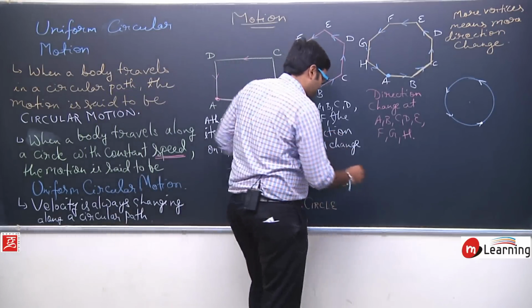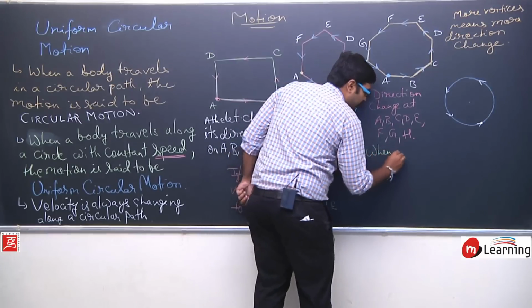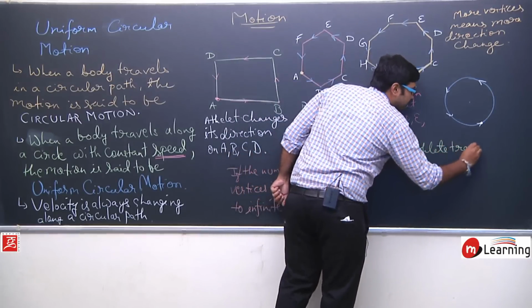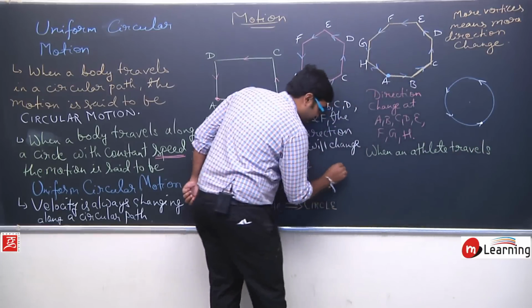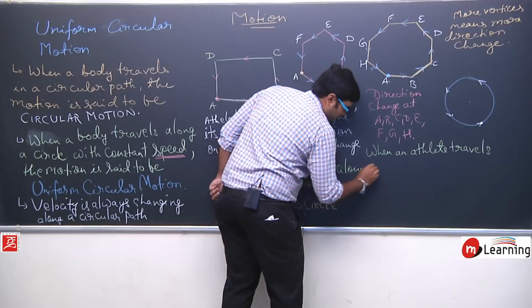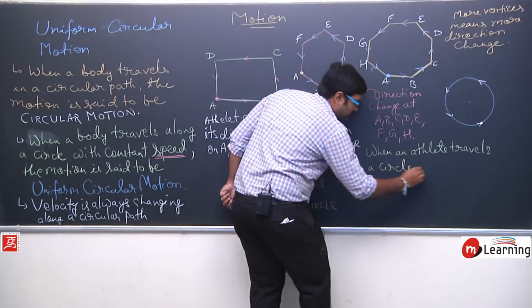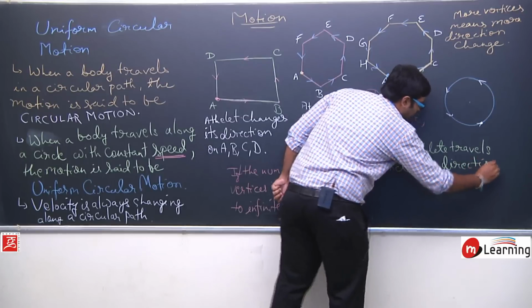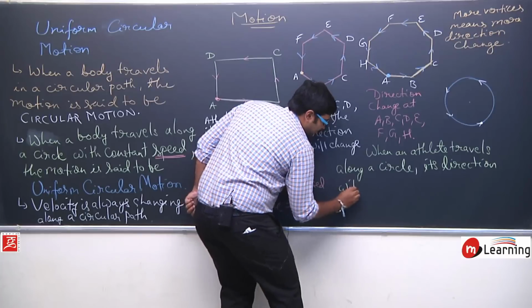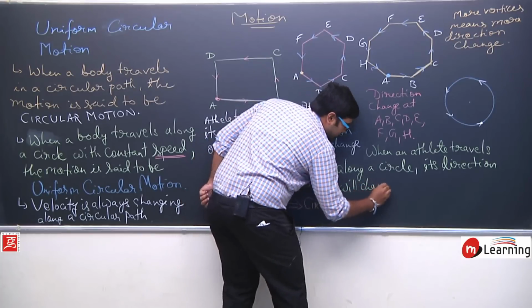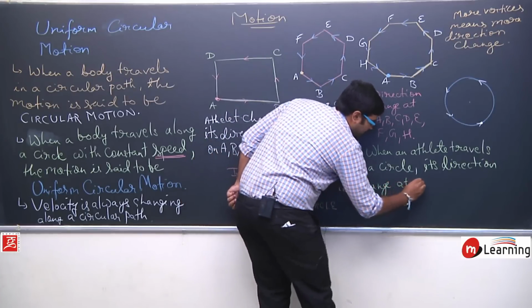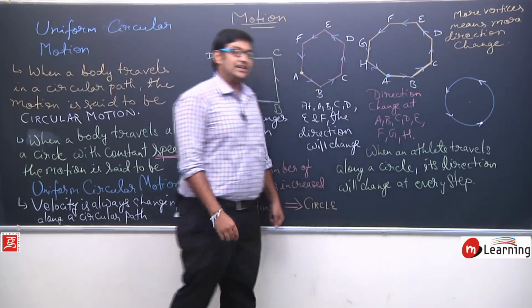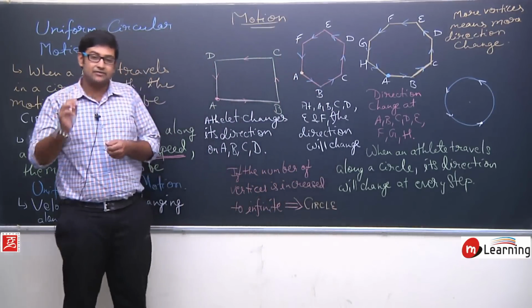So I will say when an athlete travels along a circle, its direction of motion will change at every step. The direction of motion of the athlete will change at every step.